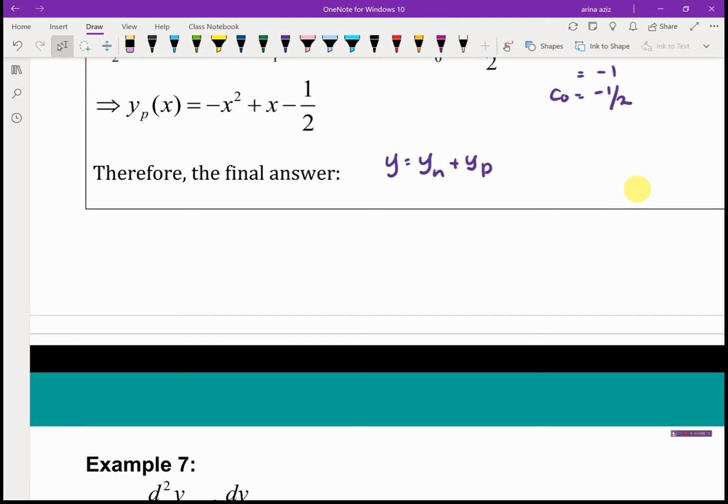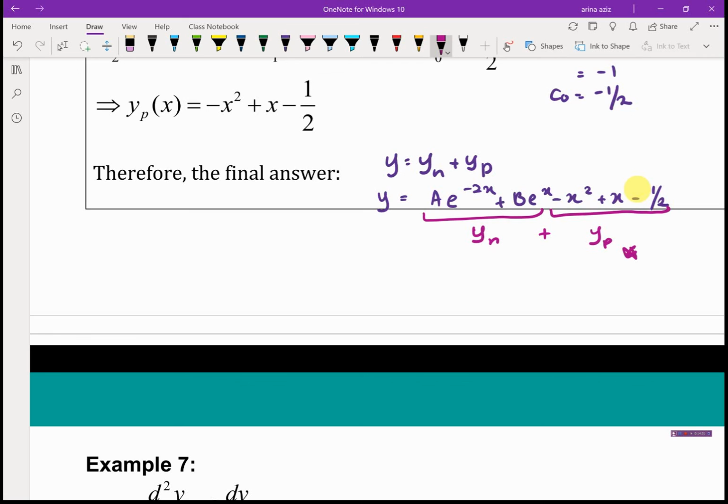Just now on the top, we already have the YH, right? So YH we have y equal to Ae to the negative 2x plus Be to the x. Minus x squared plus x minus 1 over 2, so this is our YP. That's it. So easy, right?